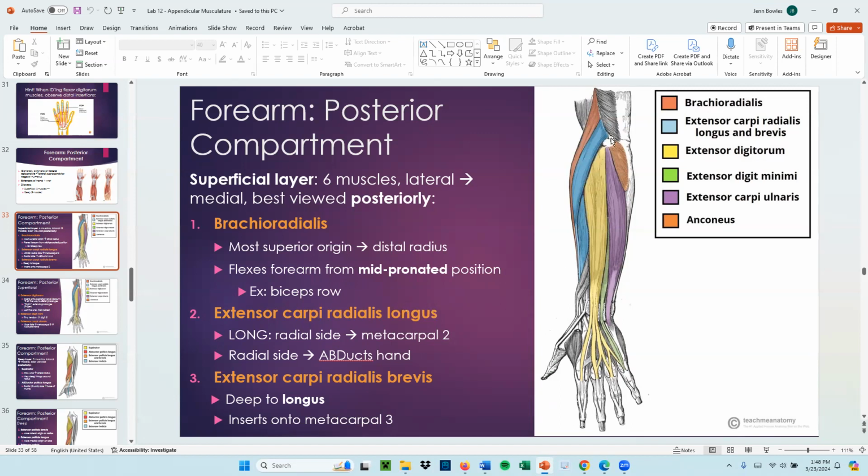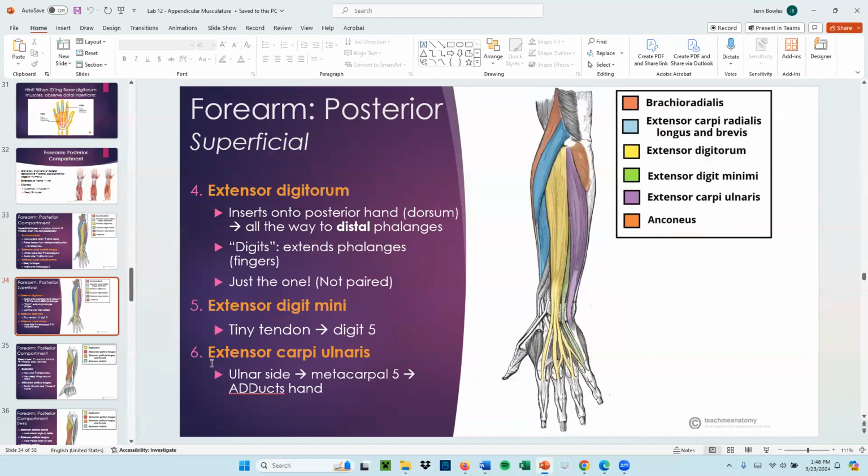So if we go to our image here, find your radial side, your thumb side, and then we have this muscle in blue running all the way down that radial side of the forearm. Compare that to something like extensor carpi ulnaris. This is running down the ulnar side of the forearm. We can see this is our little finger here. So this muscle would be extensor carpi ulnaris.